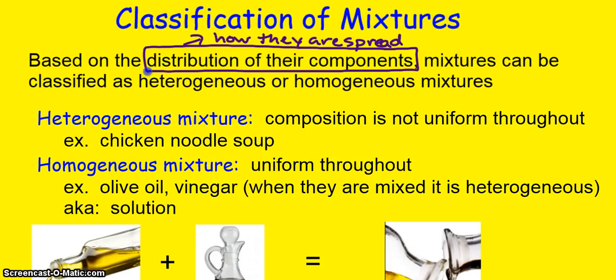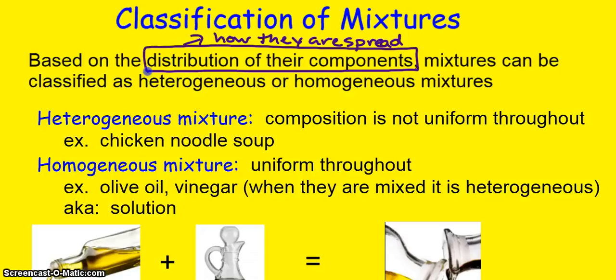So we look at two different terms to describe this. We have heterogeneous mixtures, and the prefix hetero should make you think different. Homogeneous mixtures are where they have the same distribution. So what is the same is how the particles and the materials are dispersed.